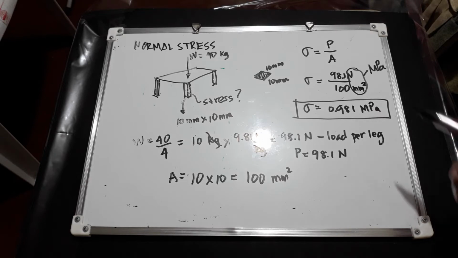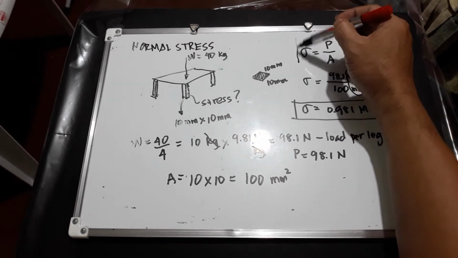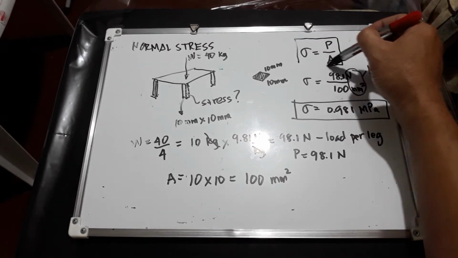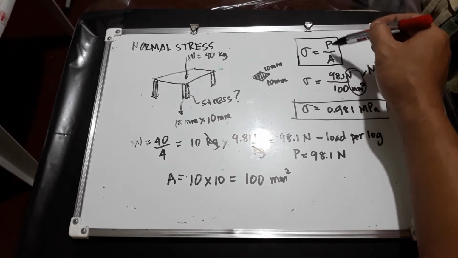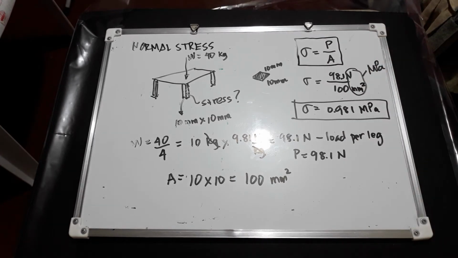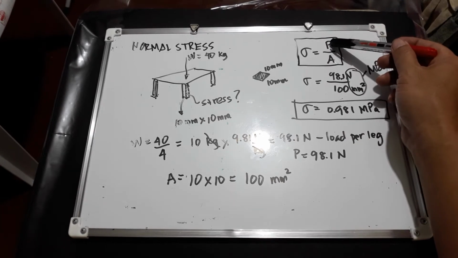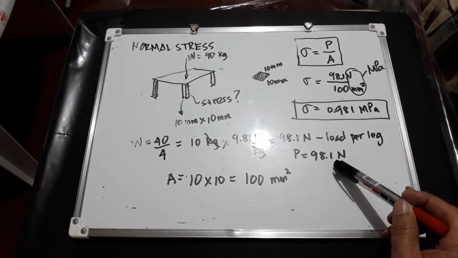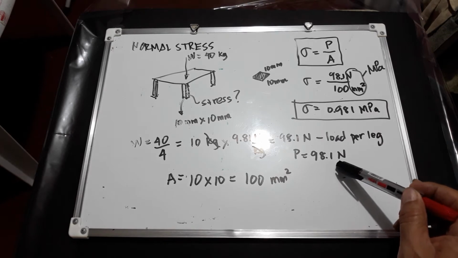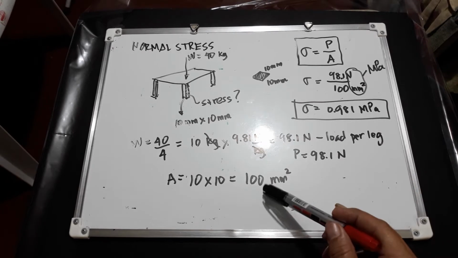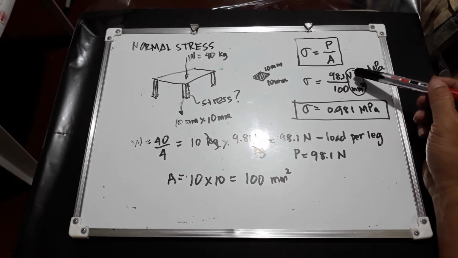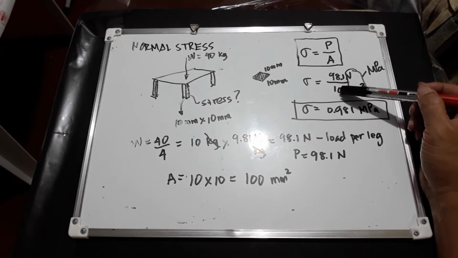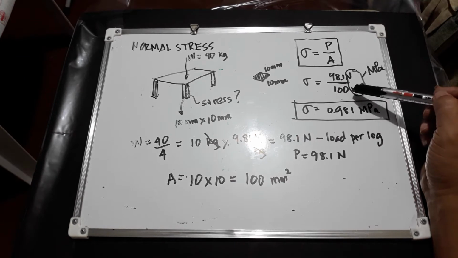So if we are going to compute for the stress, we are going to use the formula stress sigma is equal to P over A. So our P is now equal to 98.1 Newton, that is the load carried by one leg, divided by the area, which is 100. So 98.1 Newton divided by 100 millimeter squared.